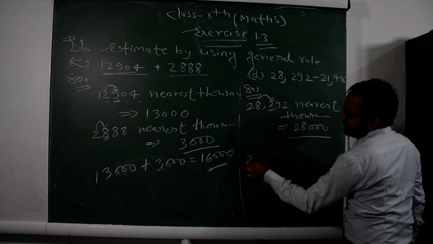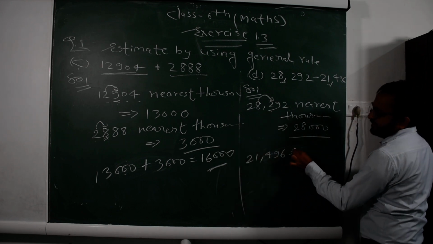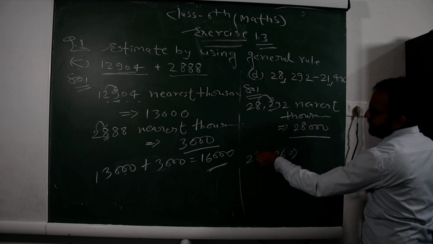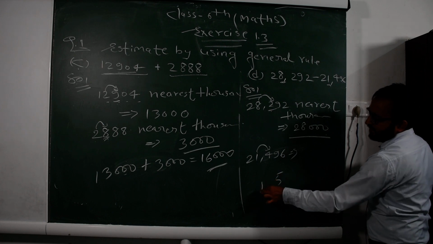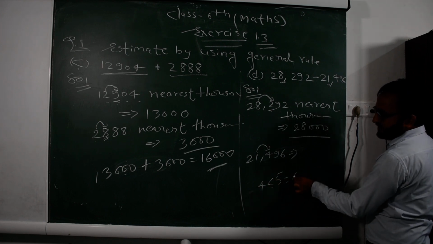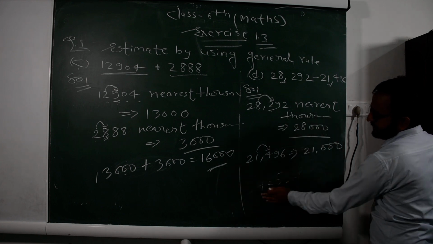Same as 21,496. The nearest value, 4, is again less than 5, we put it as 0. That means 21,000.